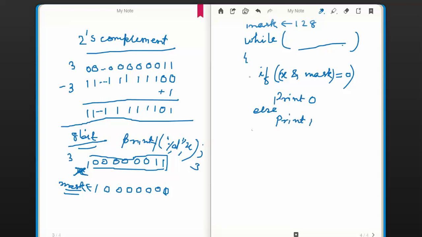And after this if block, just right shift the mask by 1 bit. So the mask is right shifted by 1 bit.